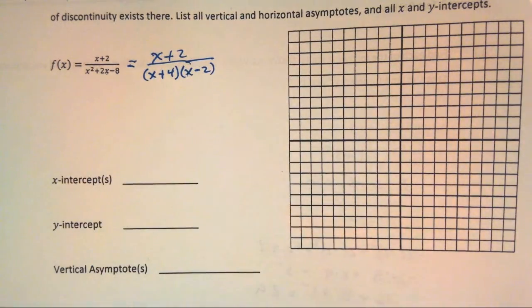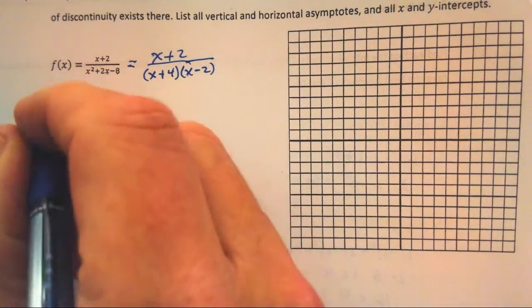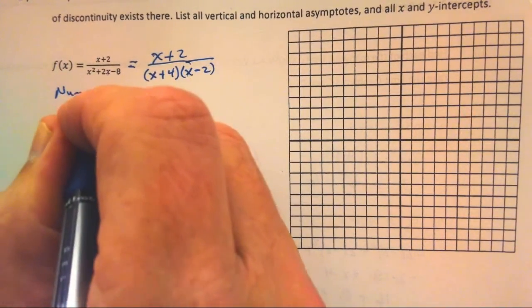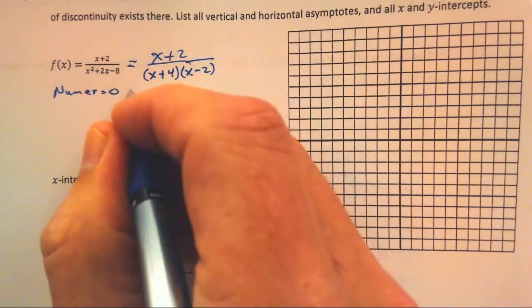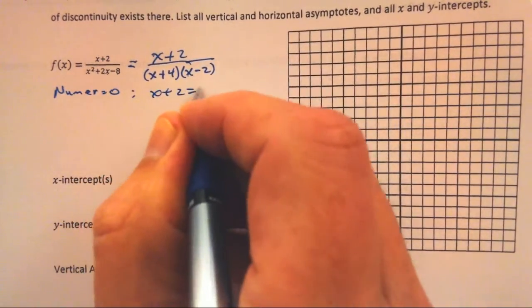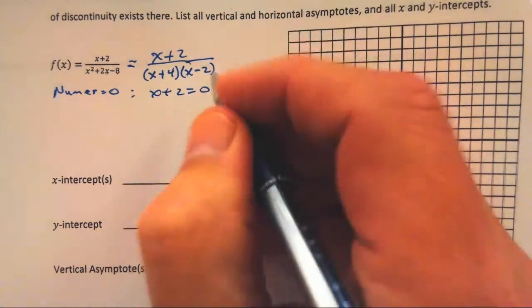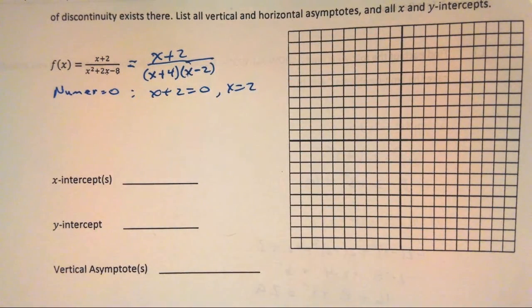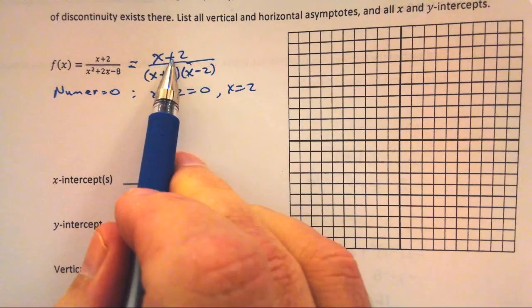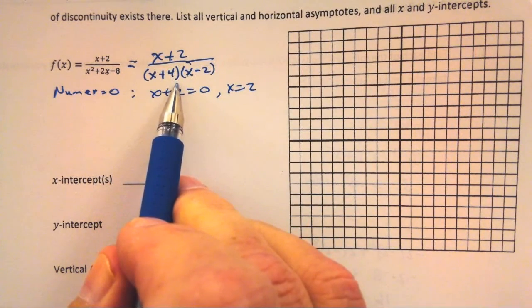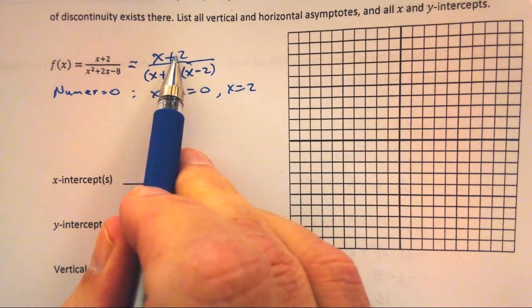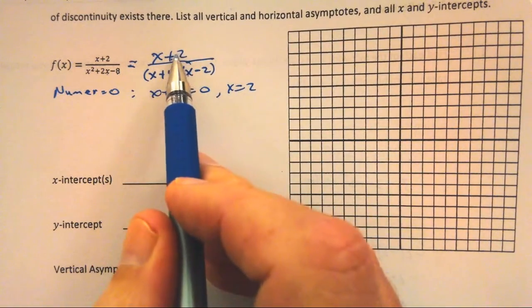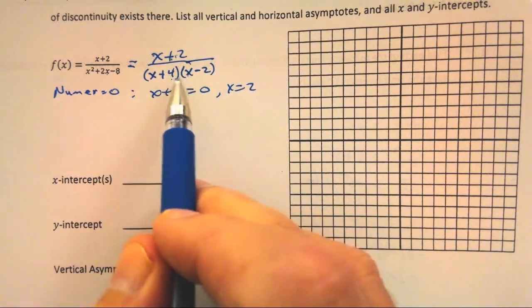I always say there's 3 zero tests that we do. First off, I'm going to check when the numerator equals 0. That would be x plus 2 equals 0. That means x equals negative 2. Well, what happens when the numerator equals 0? When the numerator equals 0, provided the denominator is not 0 there, that's when the function equals 0. 0 on 6, 0; 0 on negative 11, 0; 0 on anything is 0, except 0.